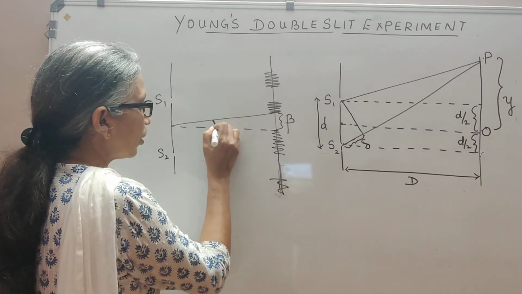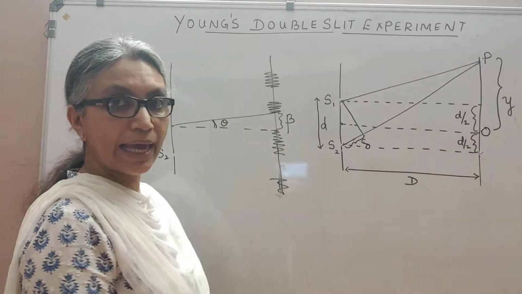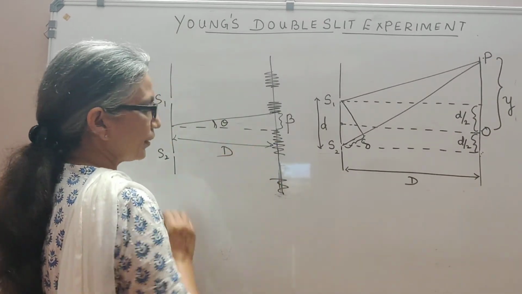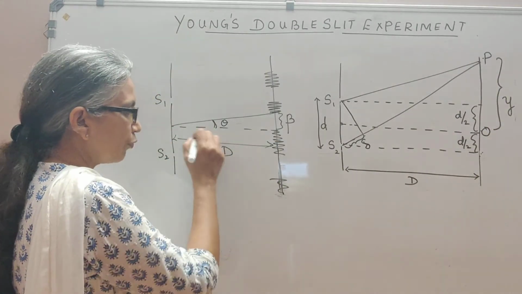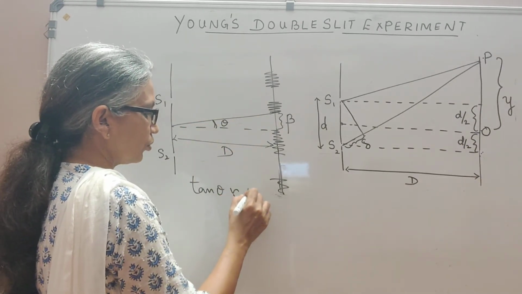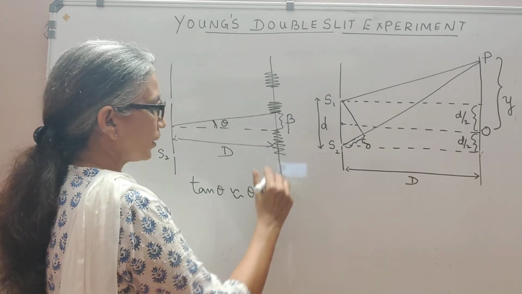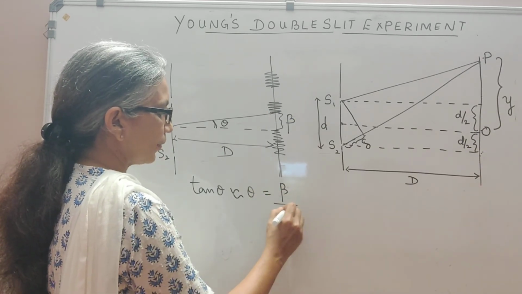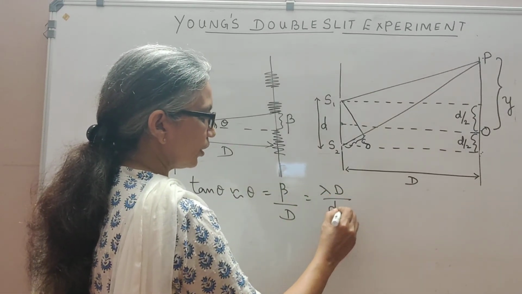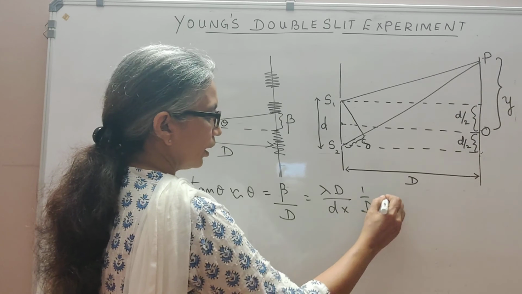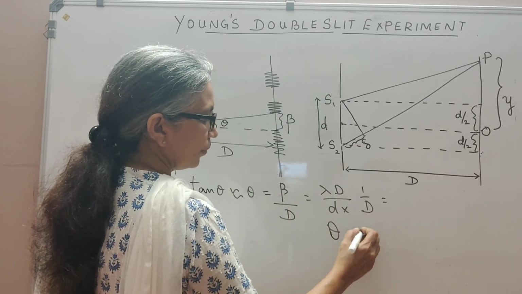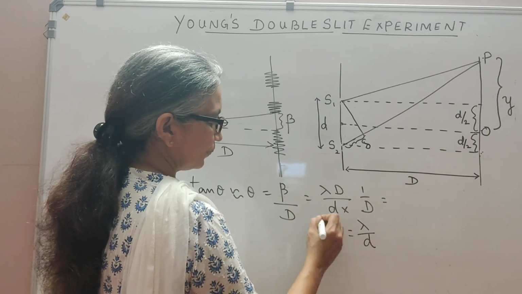So this is what I call theta, that is the angular fringe width, and this distance we know is equal to capital D. So if I take tan theta for small angles being equal to theta, it should be equal to the opposite side, that is beta by capital D. Beta we know is lambda D by small d, into this 1 by D, and you will see theta, the angular fringe width, is simply lambda by small d.